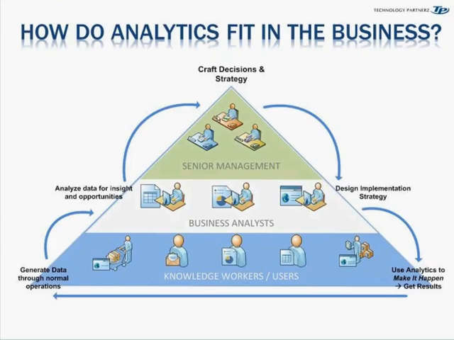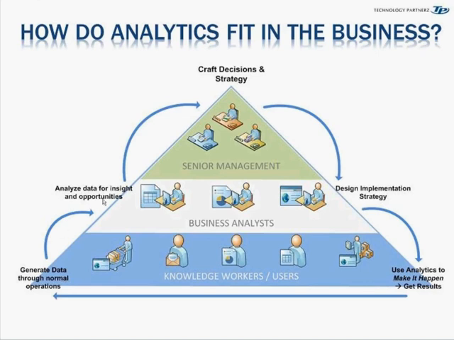So the first thing is we'll just take a quick look here. This is a generic diagram that we developed a while ago, and it explains how analytics fits into the business. It kind of follows up on the little process we looked at earlier. You have people that do the work, knowledge workers, project teams. You have analysts, and then you have management that makes decisions.